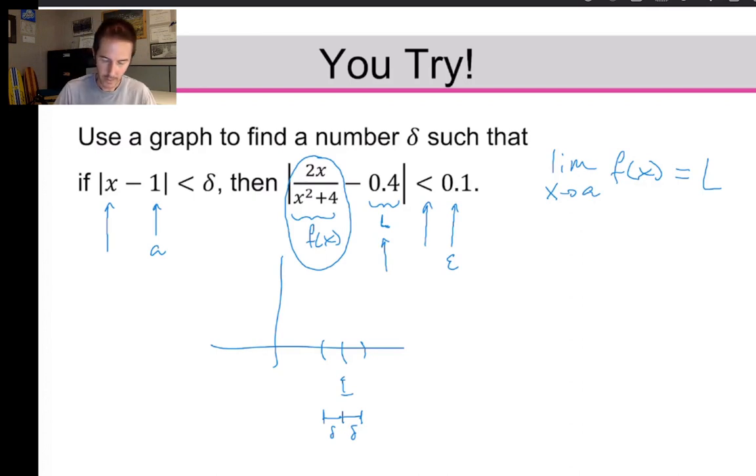So on the vertical axis, if this is 1 up here, then maybe this is where 0.4 is, right here, and we want to be within plus or minus 0.1, so our y values want to be in here, between 0.3 and 0.5. So just continuing to practice reading these things and what it is that they're looking for.